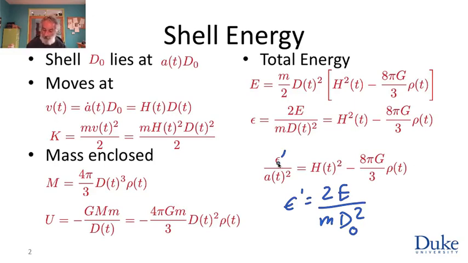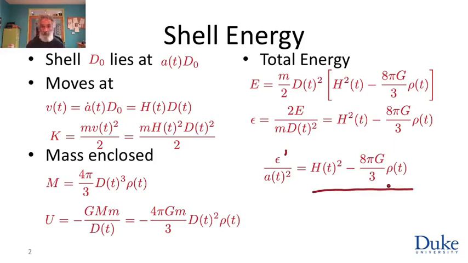So I take epsilon prime over a squared. Let me put that prime back where it belongs. And this epsilon prime is a quantity that is independent of time and of the shell, and this is some constant of the motion, and epsilon prime is given by this quantity.